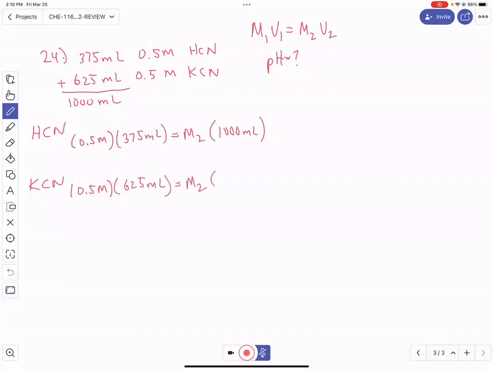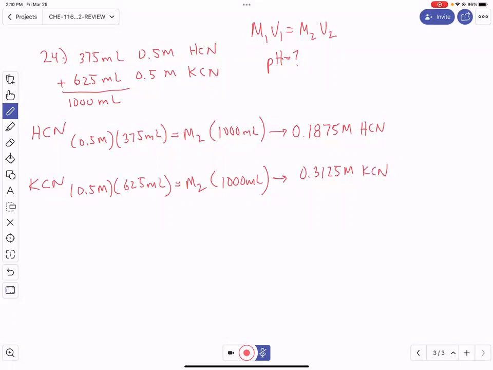What's my new concentration at my new volume of 1,000 milliliters? So the hydrogen cyanide comes out to be like 0.1875 molar. And the same thing for the potassium cyanide, and I get about 0.3125 molar.